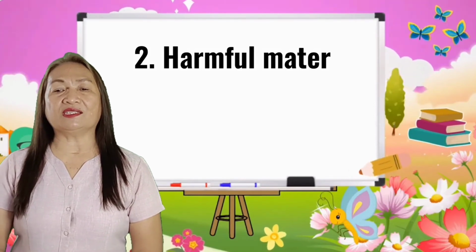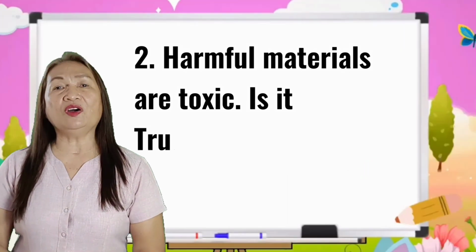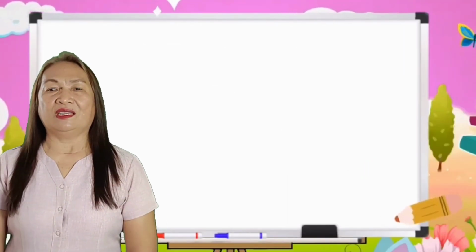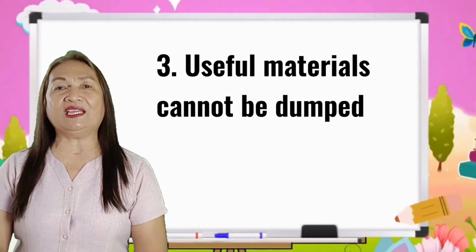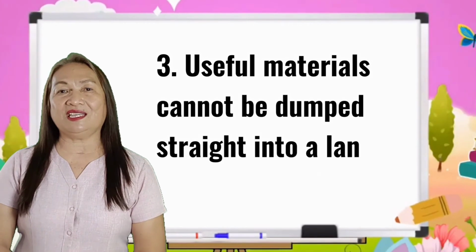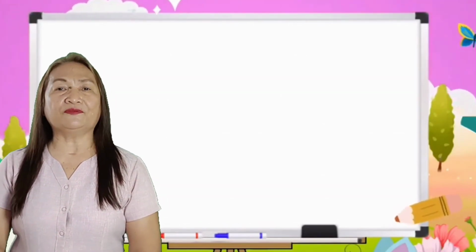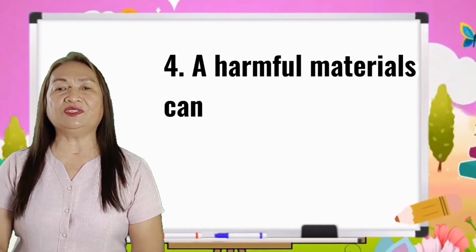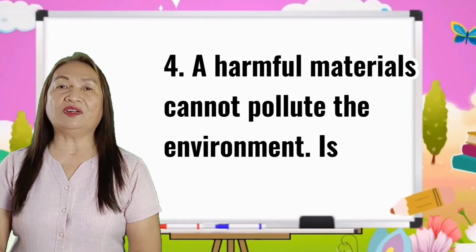Harmful materials are toxic. Is it true or false? Number 3. Useful materials cannot be dumped straight into a landfill. Is it true or false? Number 4. Harmful materials cannot pollute the environment. Is it true or false?